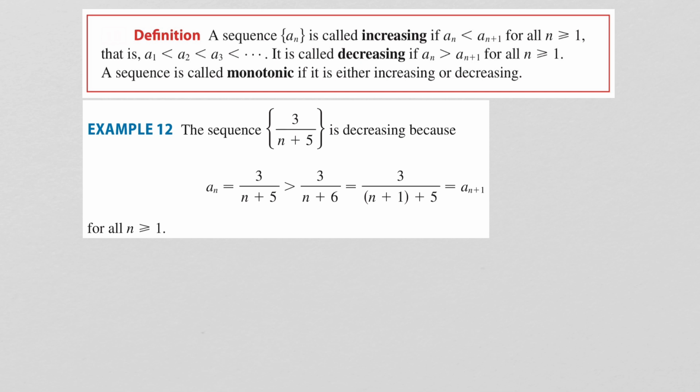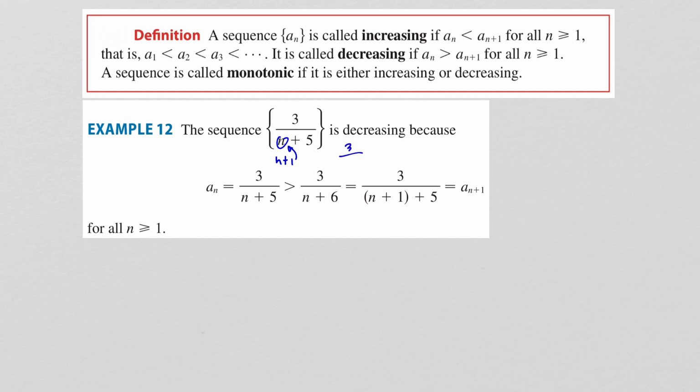So for example, the sequence here, 3 divided by n plus 5, is decreasing because every term gets smaller, right? So what is a_n? a_n is 3 divided by n plus 5. What is a_(n+1)? Well, a_(n+1) is what you would get when you plug n plus 1 into here.